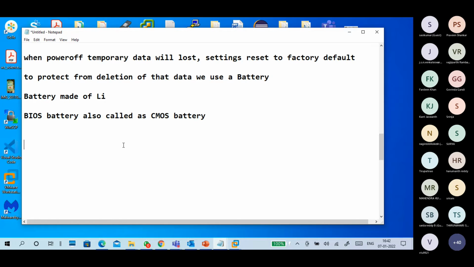Immediately they ask, what is CMOS? Complementary metal oxide semiconductor.